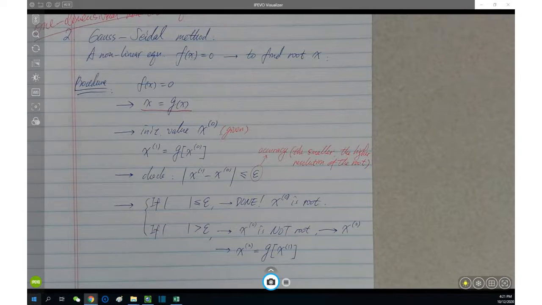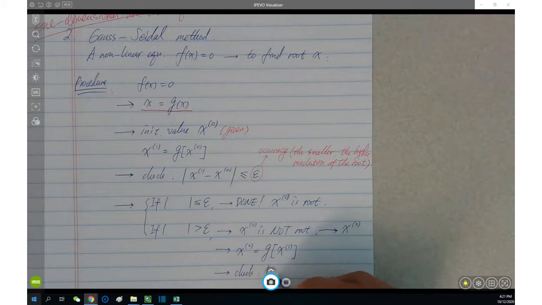And after you have x of 2, what do you do? Check again, right? This time you're checking what? Checking the difference between x of 2 and x1.